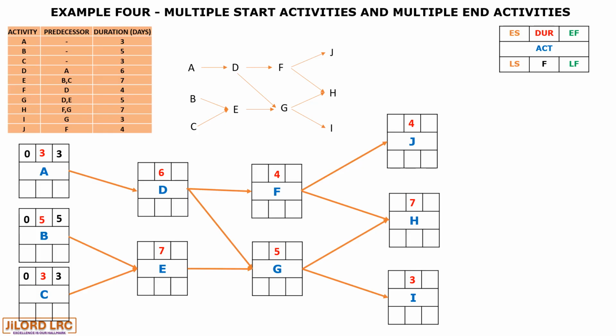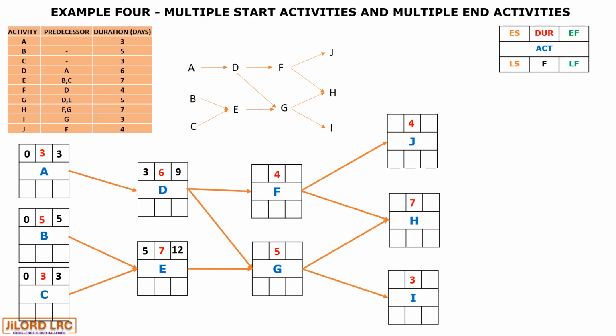Now for D, 3 acts as the early start, coming from activity A. So we have that and have 9 as its early finish. And that of E would have 5 being its early start and 12 being its early finish.